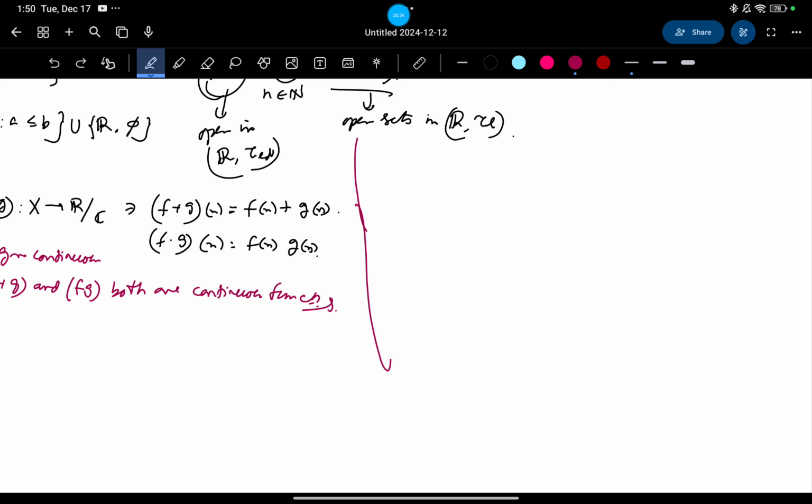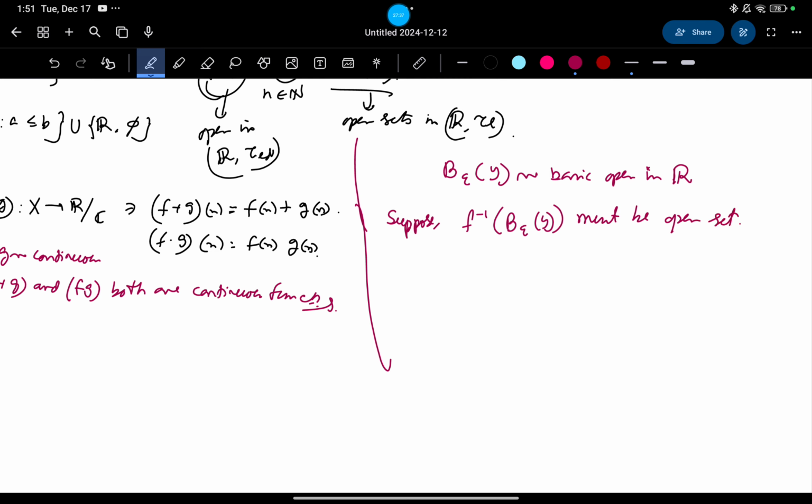Suppose we consider any open set B epsilon of any small y, which is any basic open set in, let's say, R. So suppose f inverse of B epsilon of y, this must be open, right?